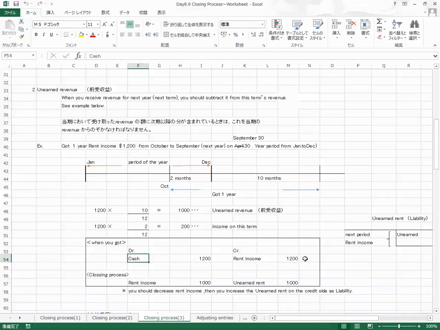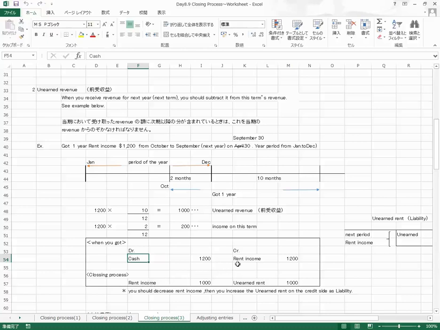So if rent income decreases, you put it on the debit side, the opposite side.